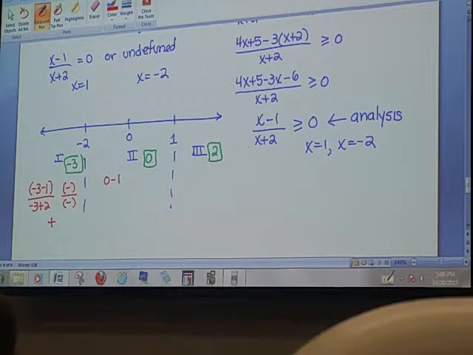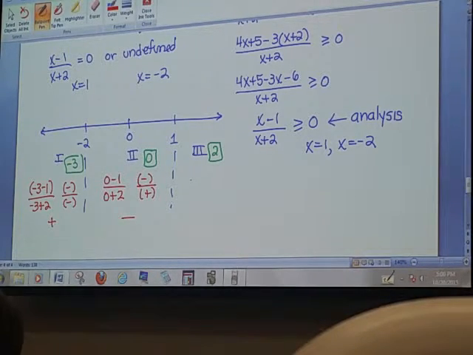I've got 0 minus 1 over 0 plus 2, so that's a negative over a positive, so that's a negative. And I have 2 minus 1 over 2 plus 2, so that's a positive over a positive, that's a positive.